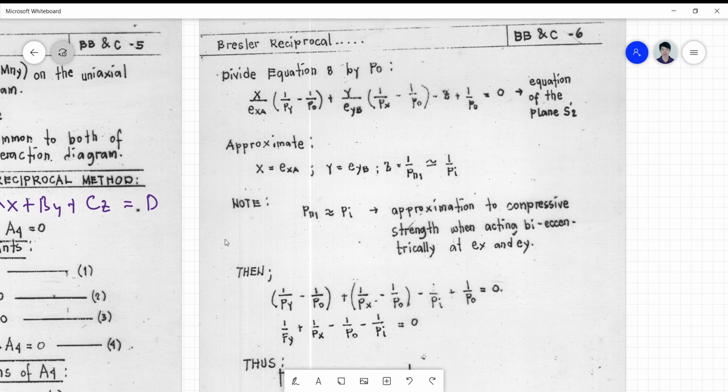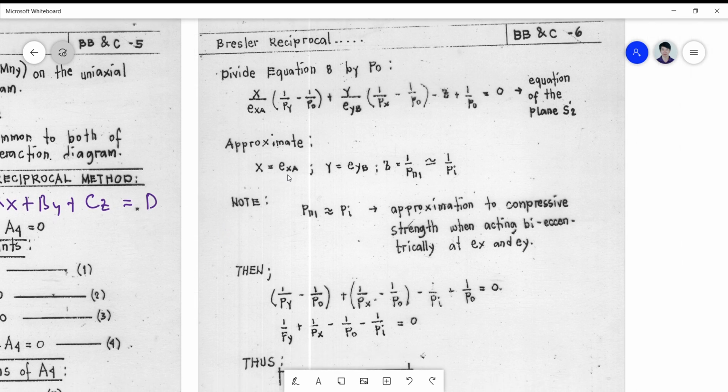Okay, approximately your x becomes your ex, y, ey, z, just like what I told you a while ago about the analogy between a simple xyz coordinate and a different coordinate in terms of ex, ey, and 1 over pi.